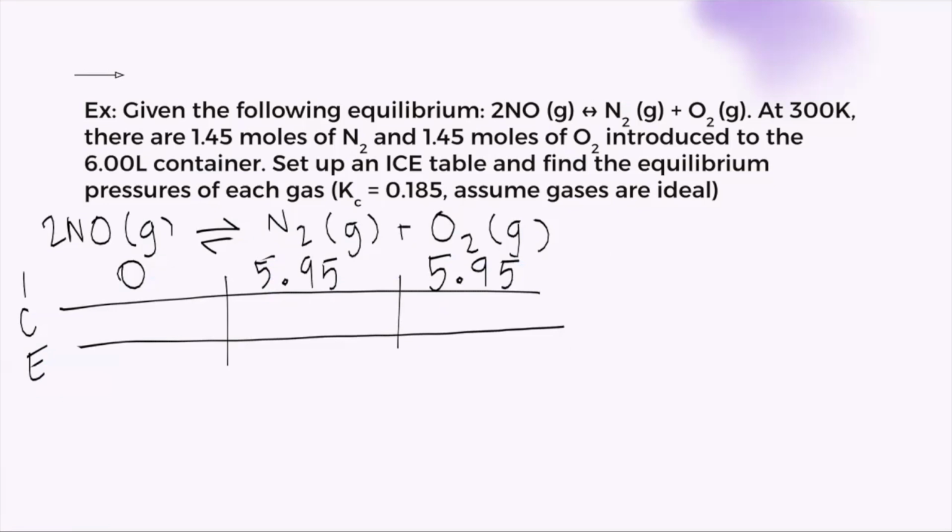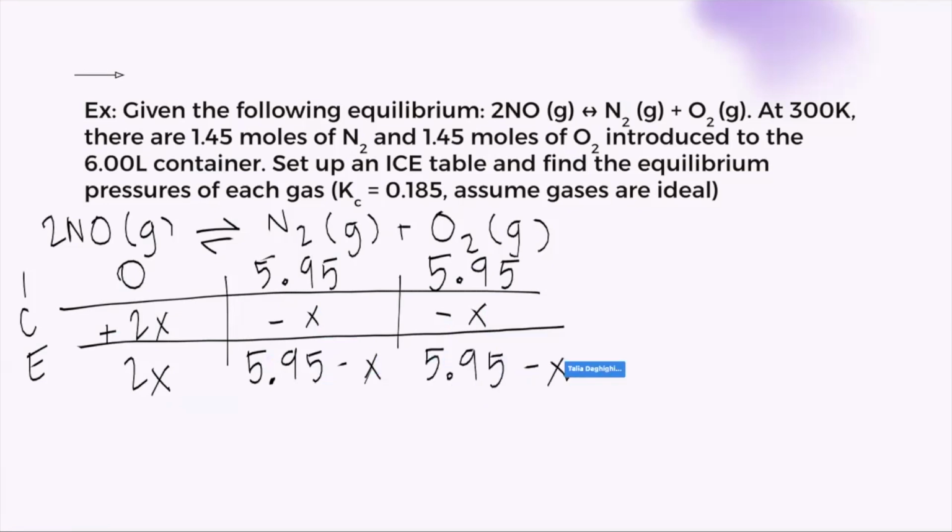Now we're going to subtract from the products and add to the reactants because we can't subtract from the reactants if there's nothing there. So I'm going to subtract X from the products and add 2X to the reactants, and we get an equilibrium pressure of 2X for NO, and then for N2 and O2, we get 5.95 minus X.